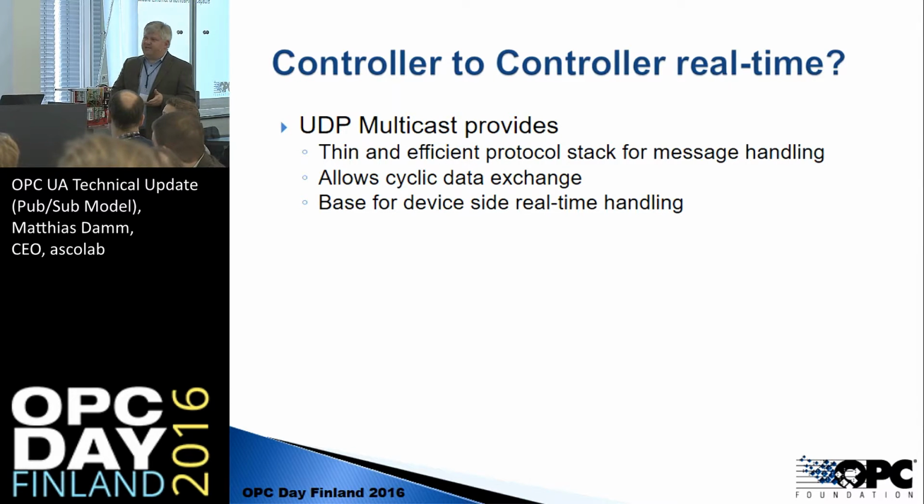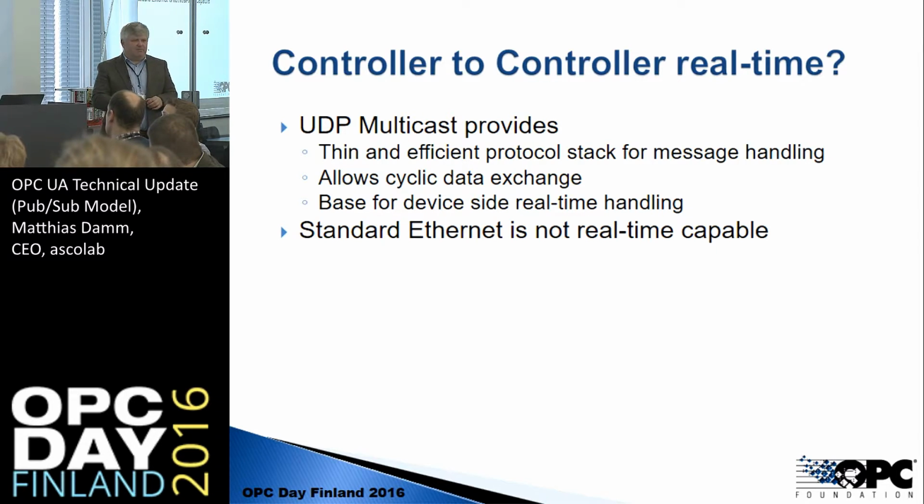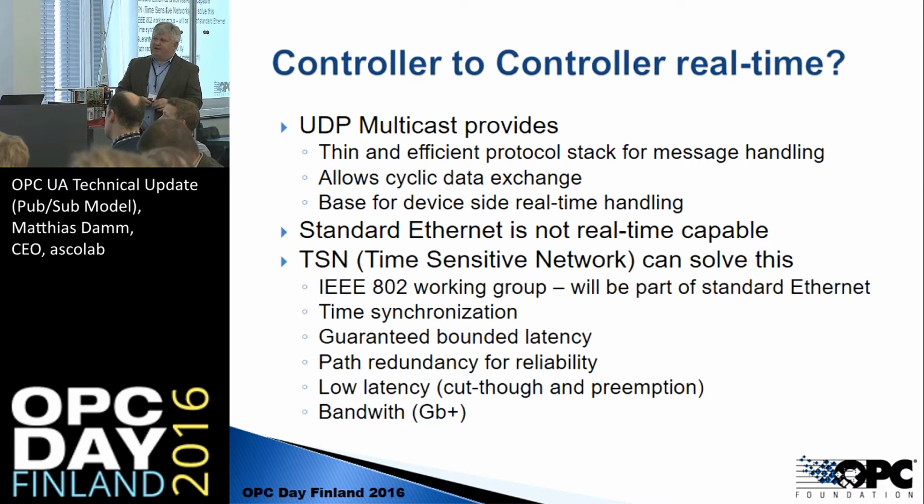The problem today is that standard Ethernet is not real-time capable, and we don't want to come up with another incompatible extension to Ethernet. The reason we think we can now solve that problem is a working group inside IEEE called the Time-Sensitive Network Task Force.